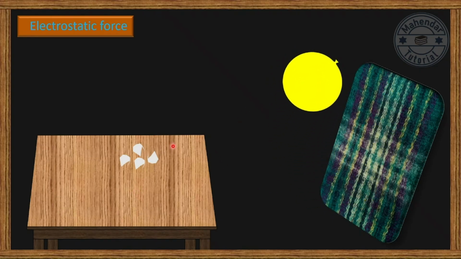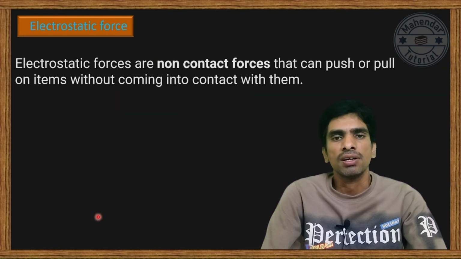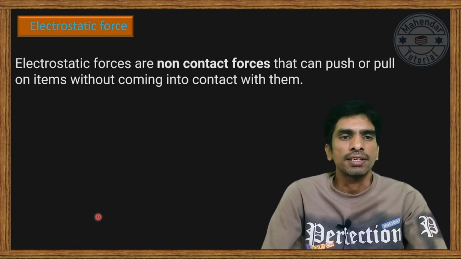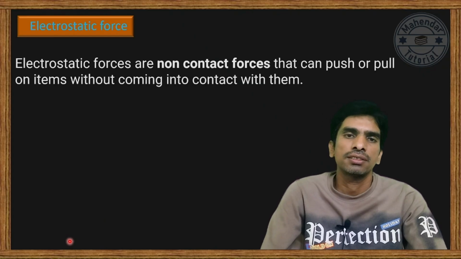Some charge is created on this balloon, and when we bring this balloon very close to the pieces of paper, see, the pieces of paper are attracted to the balloon. This type of force is known as electrostatic force. Electrostatic forces are non-contact forces that can push or pull on items without coming into contact with them. So these are the different types of forces: contact forces and field forces.